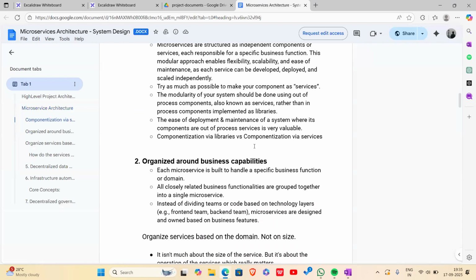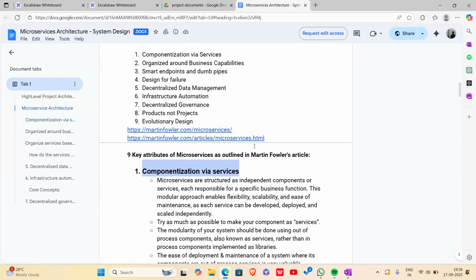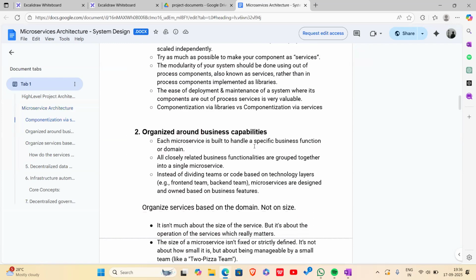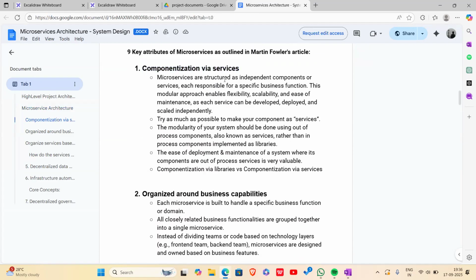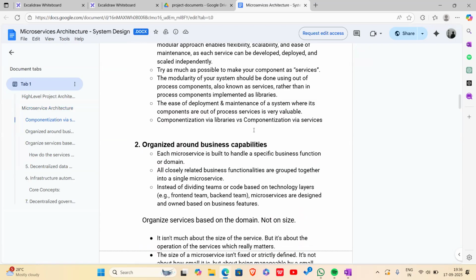The second one is organized around business capabilities. So we have to organize the microservice based around business capability. So it should all be organized around business.